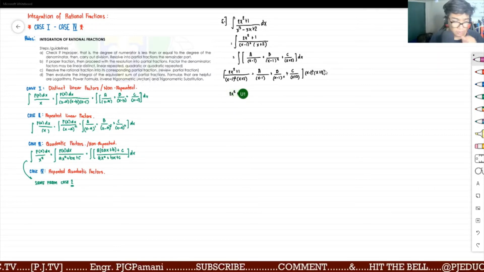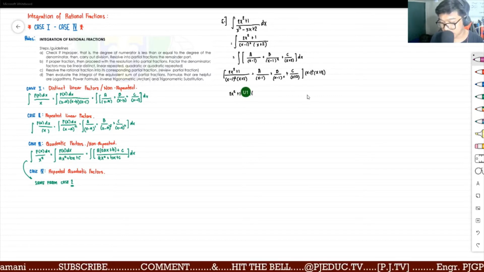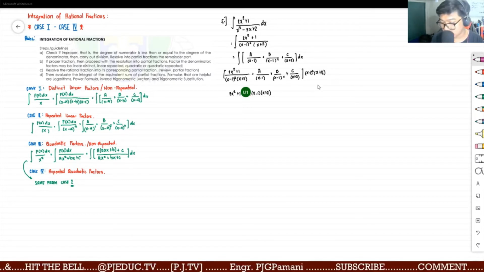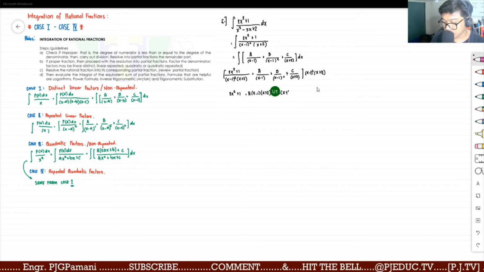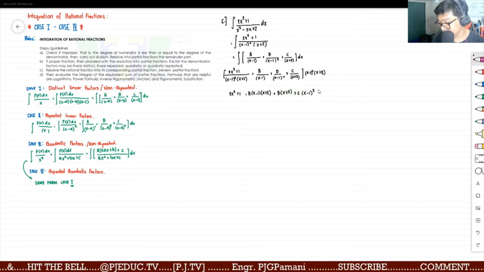So, A is x minus 1 times x plus 2. Alisin na natin yung isa eh. And this one is B times x plus 2 plus C times x minus 1 squared. Expand lang natin.